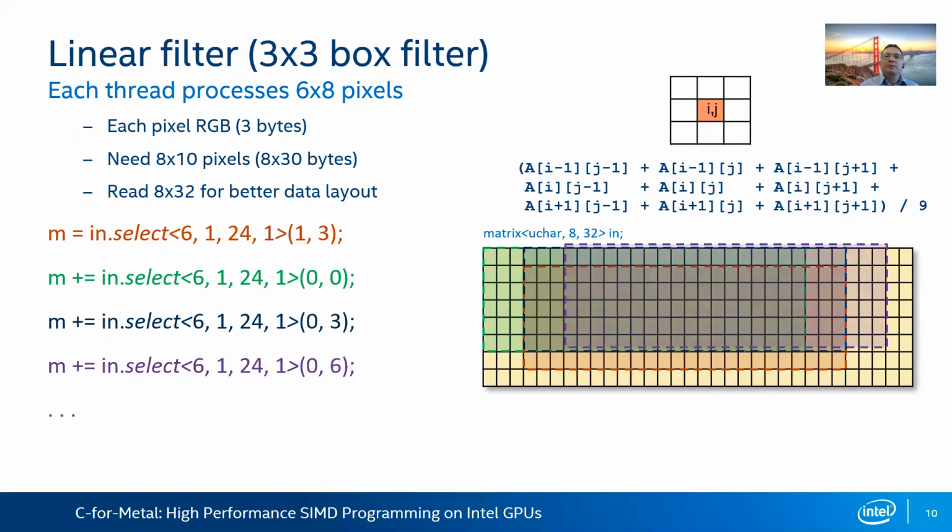Once we sum up all 9 6x24 data regions, we divide by 9, and we write out the 6x8 pixel values. The addition of 2 6x24 data regions is a SIMD 144 operation. The compiler breaks the addition into smaller chunk sizes so that they fit within the hardware SIMD width.